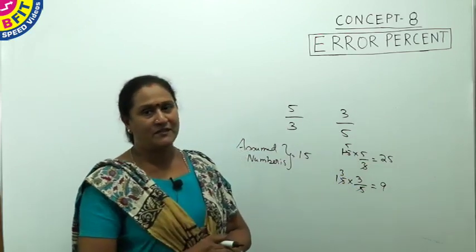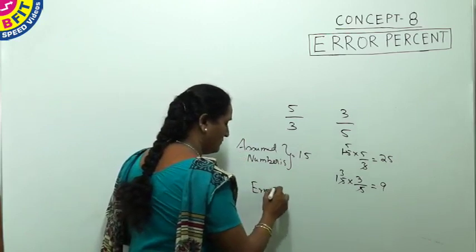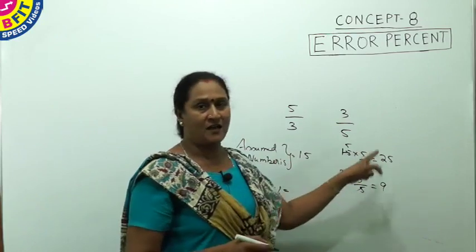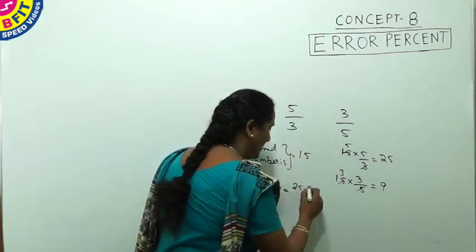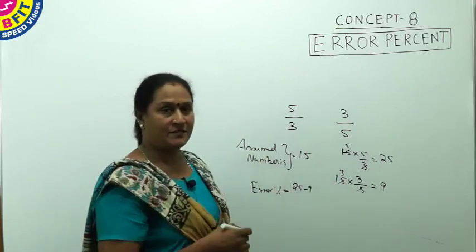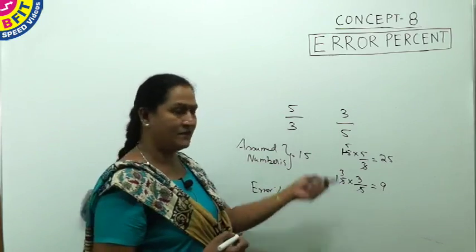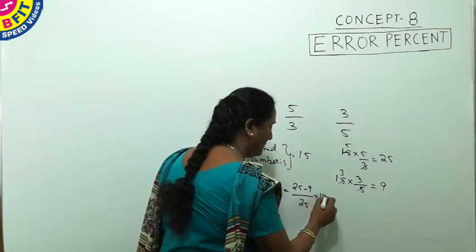Now what is the error percentage? To find the error percentage, we need the difference in answers. What is the difference in answers? 25 minus 9, so it is 16, by the correct answer. What is the correct answer? 25, into 100.